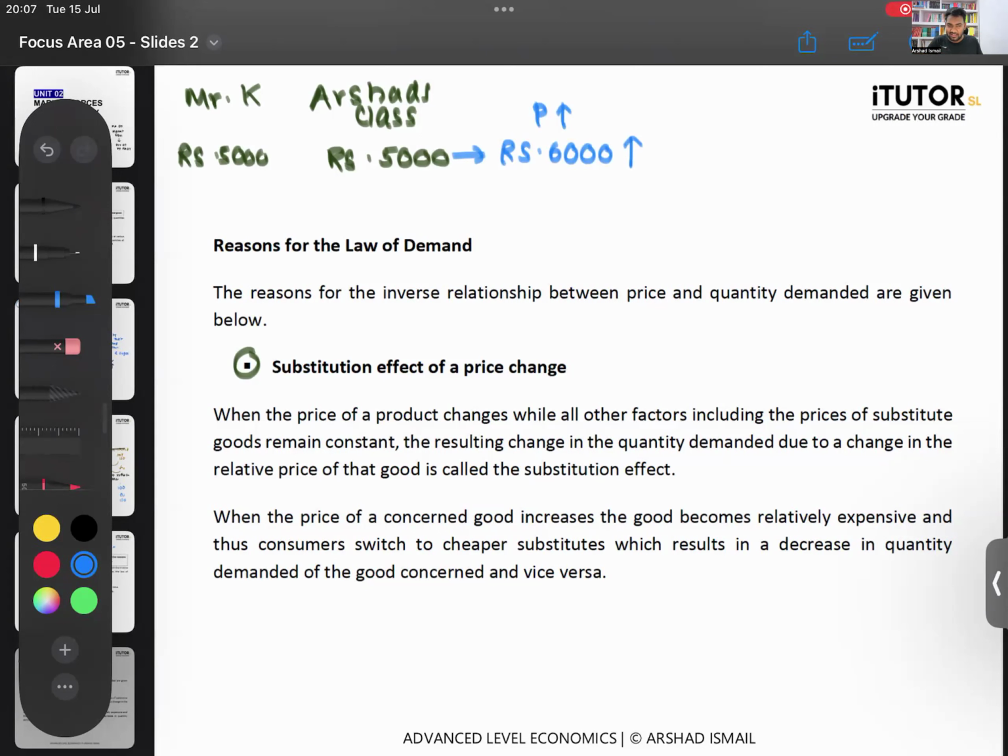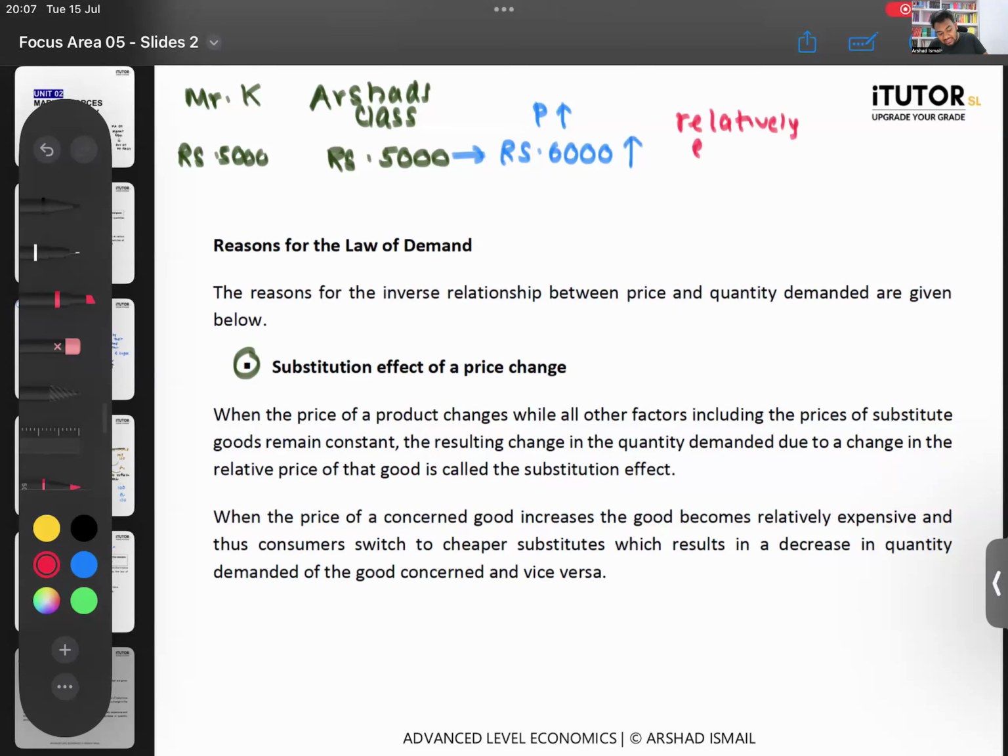Now, what happens now? When I increase my price, my class becomes comparatively expensive compared to Mr. K's class. My class is now relatively expensive. Relatively means comparatively, compared to the other good.